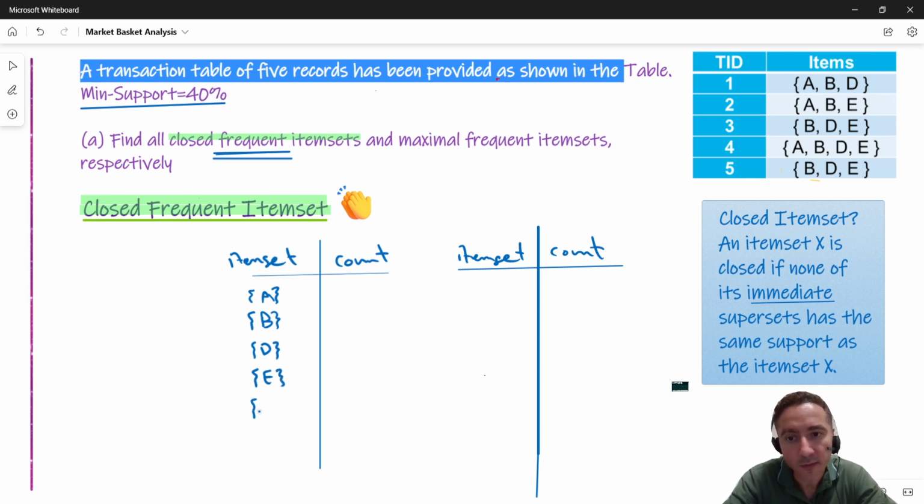Now let's generate two item set. We have AB. We can get AD. We can get AE. Then we keep going. BD. Then BE.